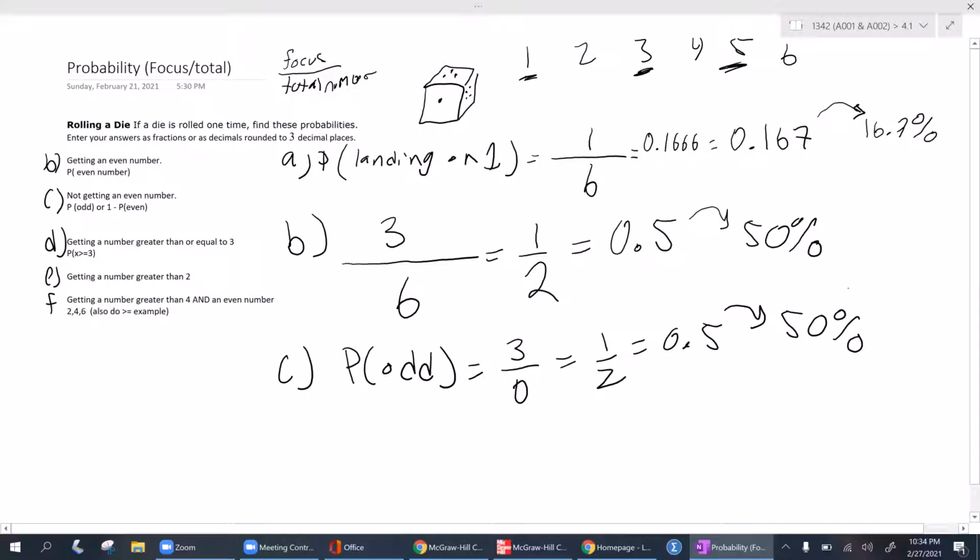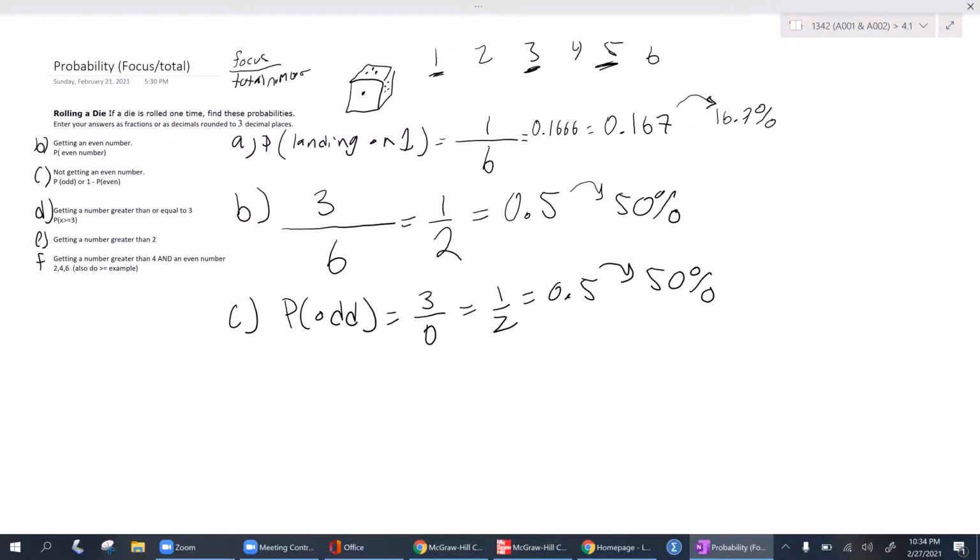And we can see this both ways, right? So still focusing on C, not getting an even number, that not is very important. The probability of not getting an even is the same thing as 1 minus the probability of getting an even.